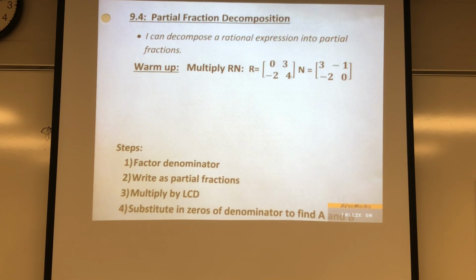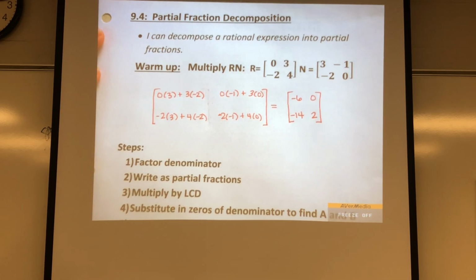Negative 2 times 3, we're on to that second row, first column. 4 times negative 2. And negative 2 times negative 1, plus 4 times 0. All right, so here we get a negative 6, 0. See, negative 6 and negative 8 would be negative 14 and 2. Oh goodness, I did that whole thing without showing you, but hopefully you had done it on your own anyway, so that maybe that was perfect.